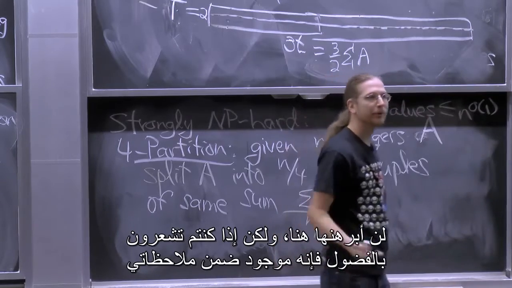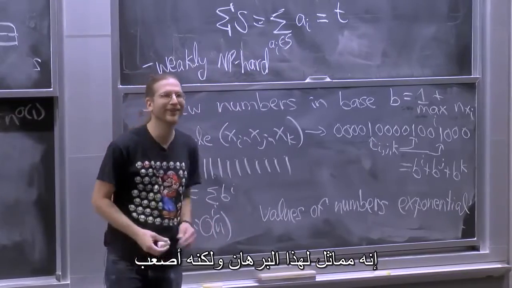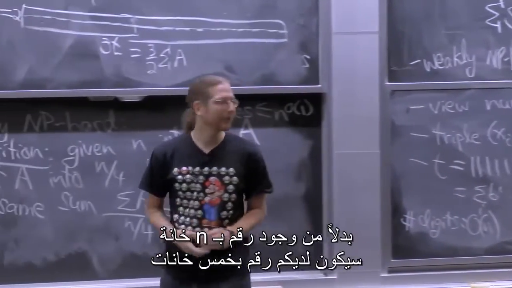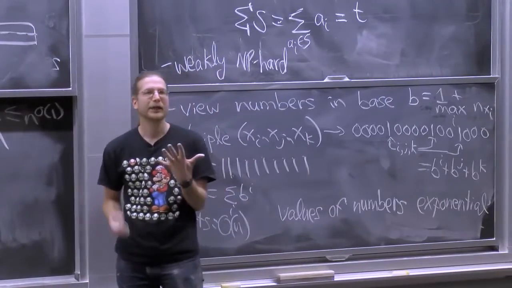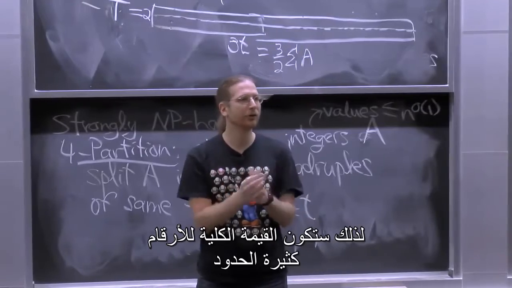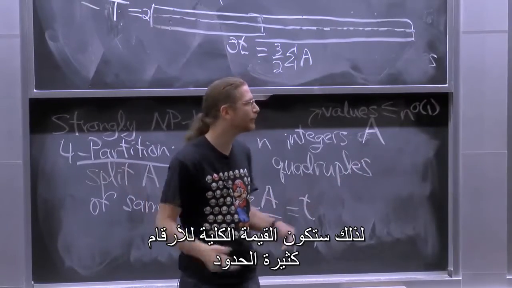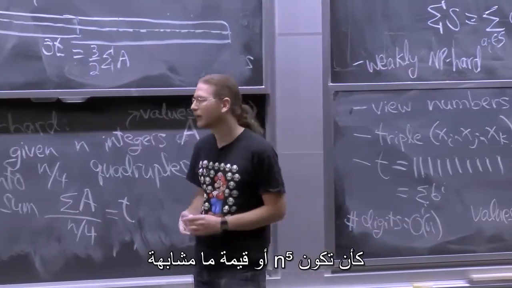Okay, I won't prove it here, but it's in my lecture notes if you're curious. It's like this proof, but harder. You end up, instead of having n-digit numbers, you have 5-digit numbers. Each digit only has a polynomial in n different values, so the total value of the numbers is only polynomial. It's like n to the 5th or something.